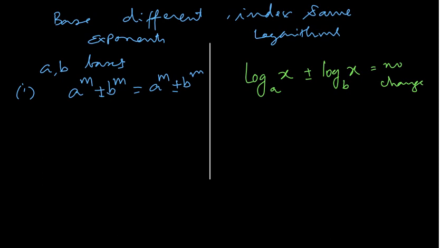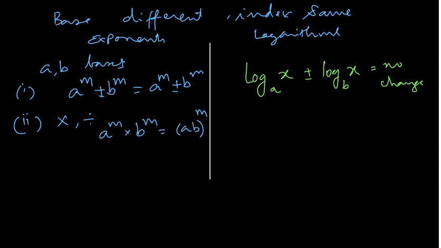Then comes the second property. What we have is the multiplication and the division. So a to the power of m multiplied by b to the power of m. So what we do is bases are multiplied together, a and b, no change on the index. Okay. See, here you cannot apply the same rule I said, right?